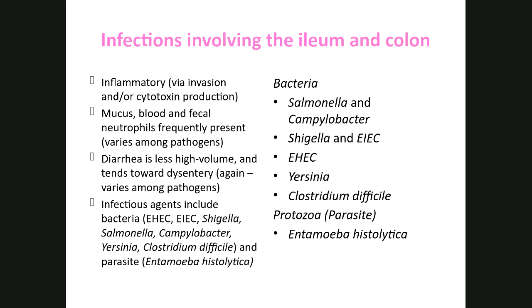So blood, mucus, and pus cells are the characteristic of these infections, and these can be detected in the stool examinations. But this can vary with different pathogens. Some may have mucus, some may have neutrophils, some may have a combination of blood and neutrophils, some may have blood, mucus, and neutrophils, etc.